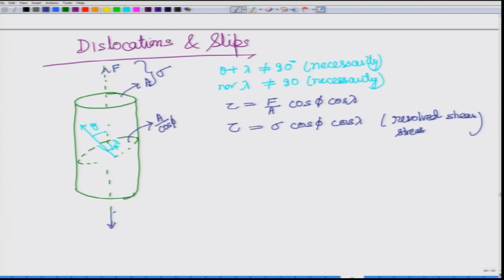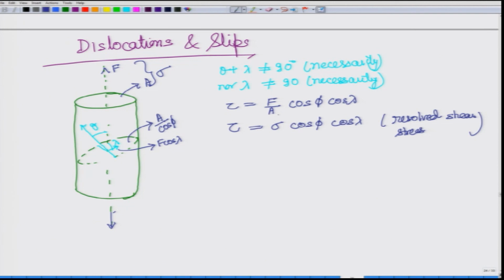If the force in this direction is F and this is the slip direction, then the resolved force in this direction would become F cos lambda. Therefore, tau, which is shear stress, will become F by A cos phi cos lambda.